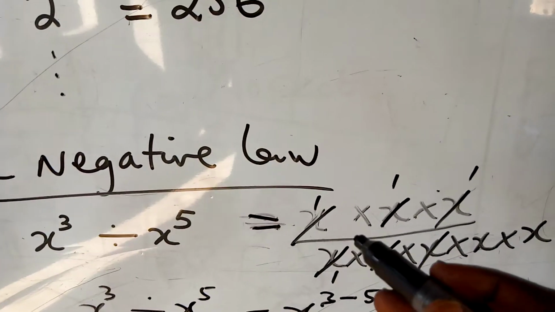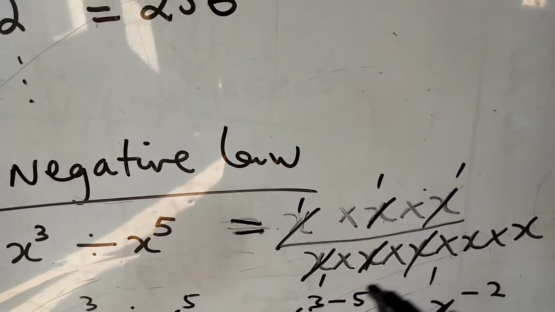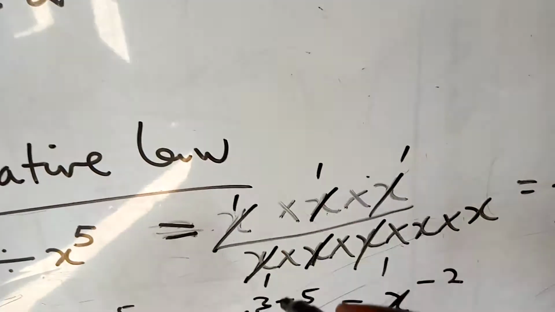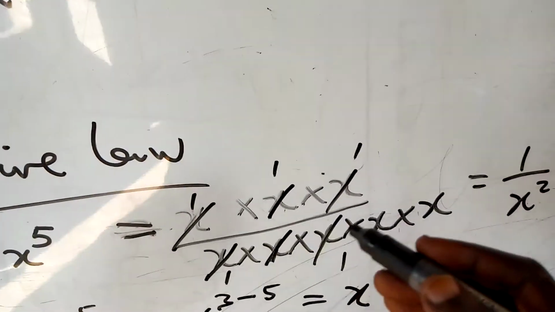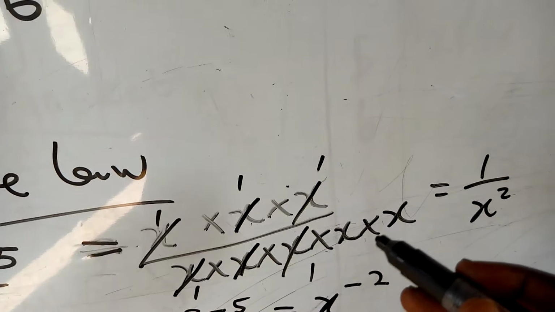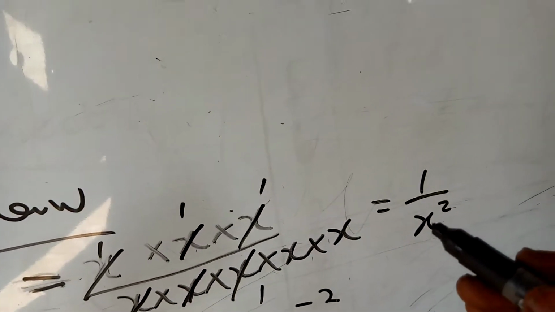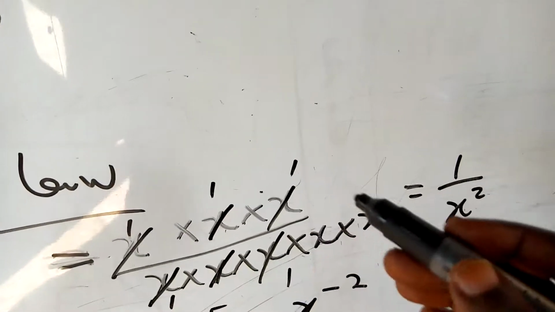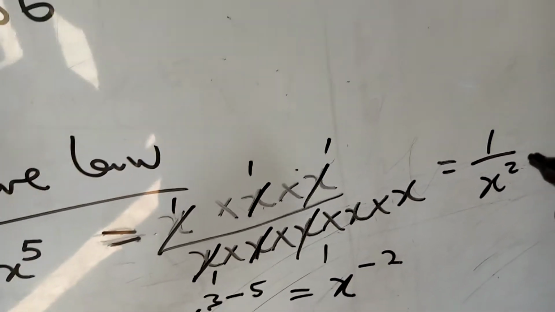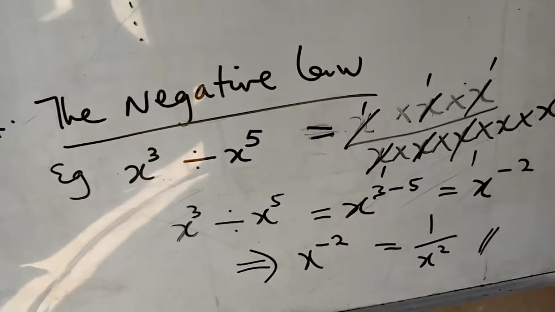That is x times x times x divided by x times x times x times x times x. So x cancels x, 1, 1. x times x cancels, 1, 1. The third x cancels the third x, 1, 1. I'm left with x times x in the denominator, which is x squared. 1 times 1 times 1 is equal to 1. That gives me 1 all over x raised to power 2. All right, that is by expansion.